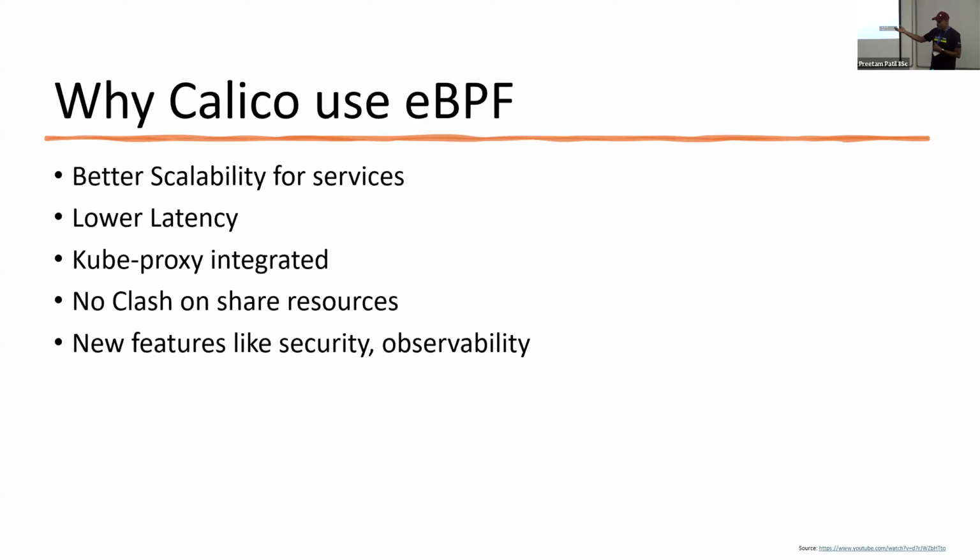And in Calico eBPF, the kubeproxy functionality is integrated into the eBPF data plane itself, which basically means there is no clash for the shared resources. There's one component that is writing all the rules, and writing and managing your backend IP addresses, etc. Right?